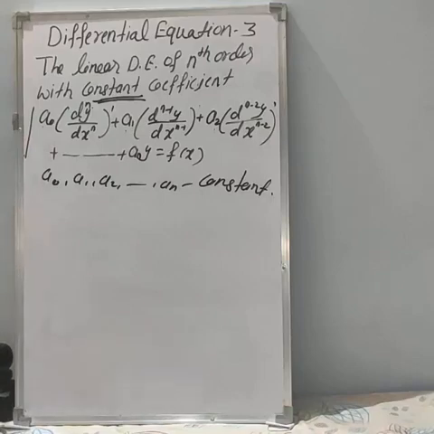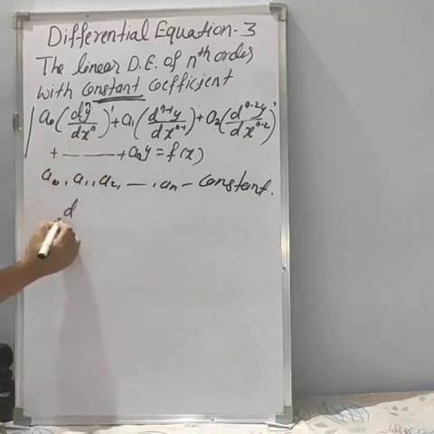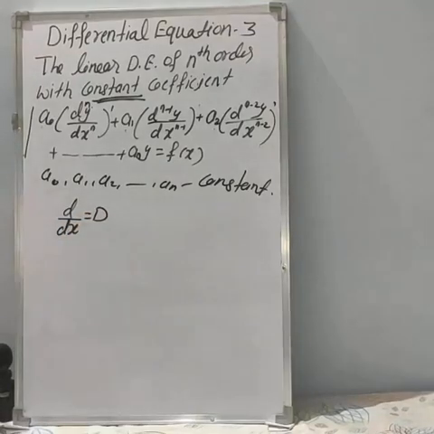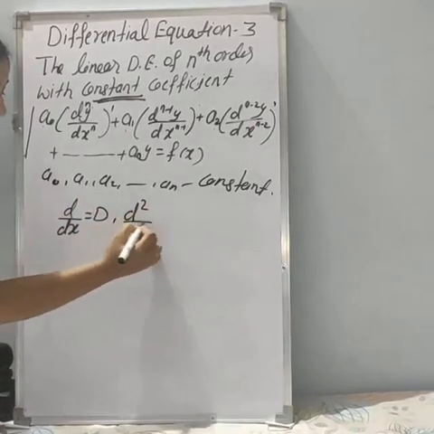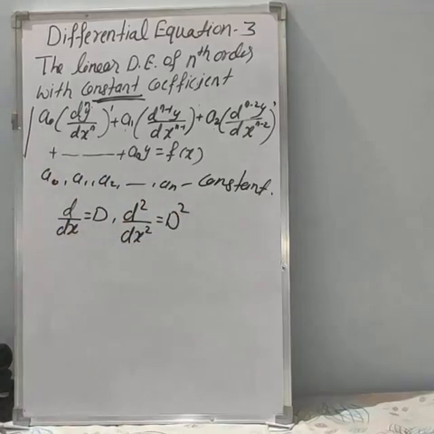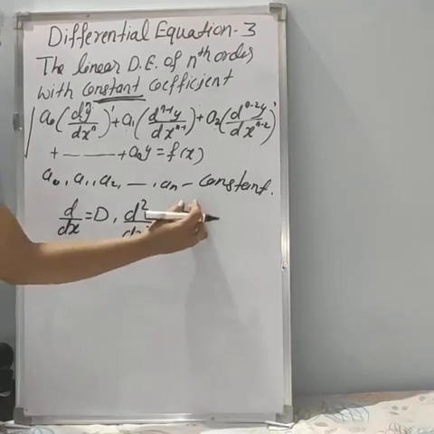The first step is, if your differential equation is in this form, substitute d/dx equal to capital D. Similarly, d^2/dx^2 is capital D squared, and d^3/dx^3 is capital D cubed.